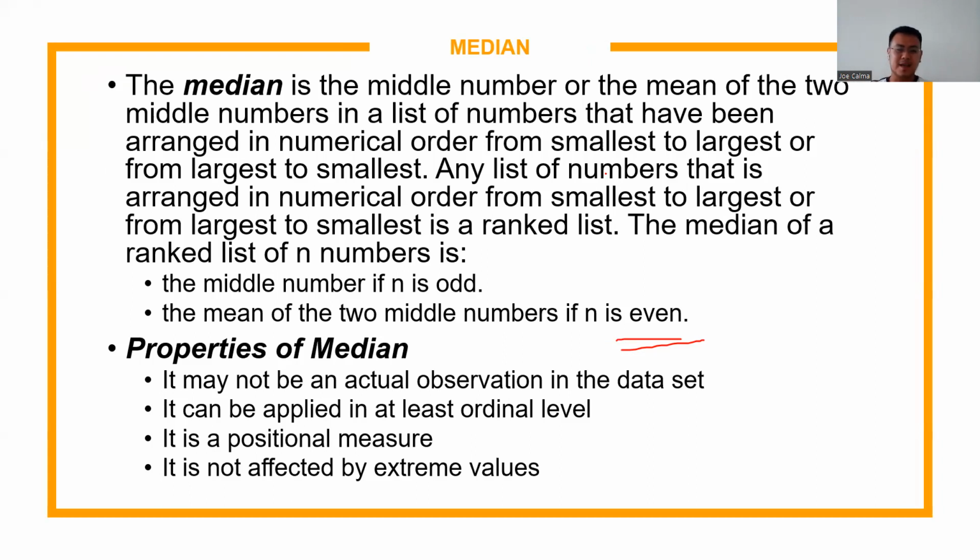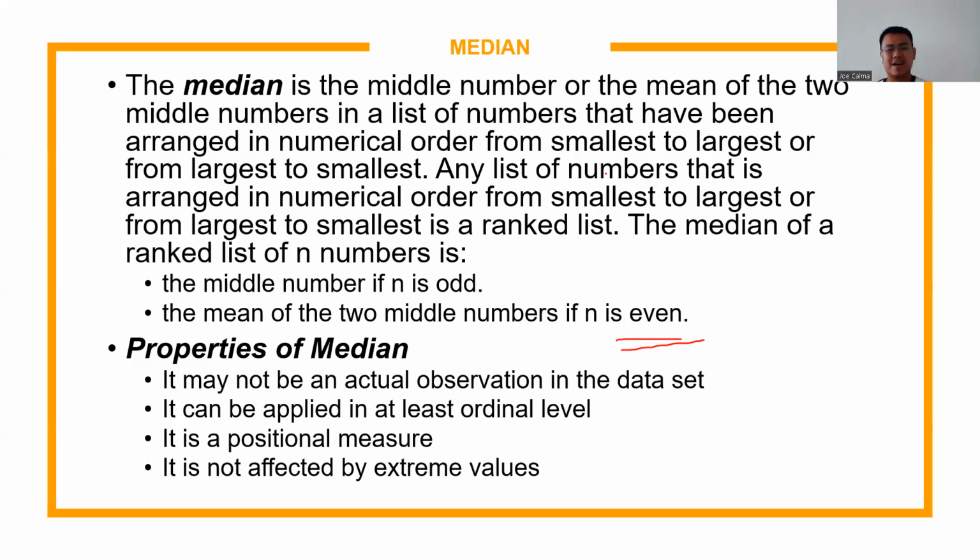Next, it can be applied at least at the ordinal level. Ibig sabihin, pwede siya sa ordinal, interval, and ratio, but never nominal. Bakit pwede siya sa ordinal? Because sa ordinal, meron silang order, so pwede mo kunin yung pinakagitna kasi naka-arrange na yan.